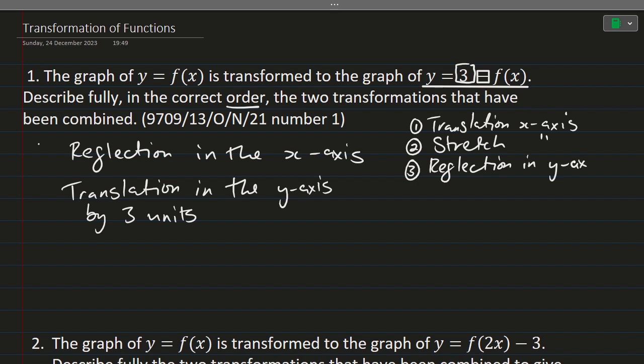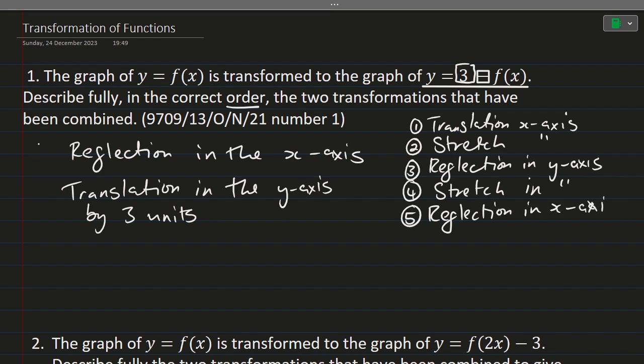And number 4 is a stretch in the y direction. Number 5 is a reflection in the x-axis. And the last transformation is a translation in the y direction.